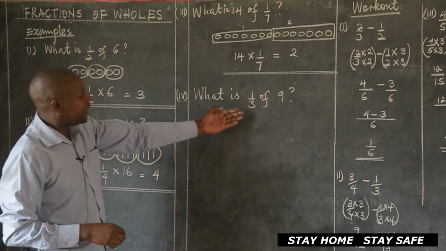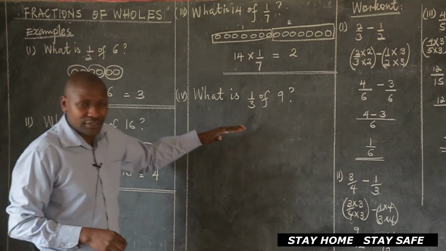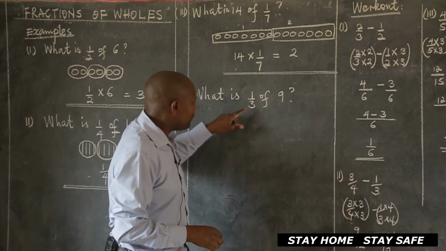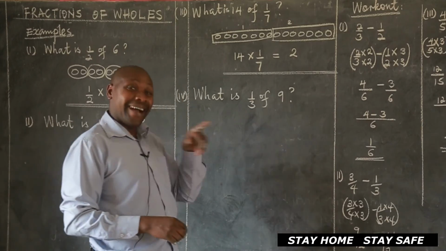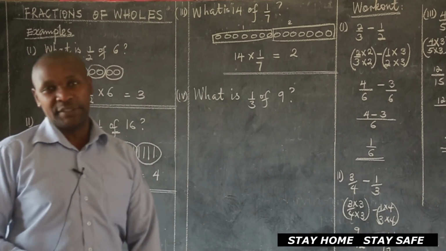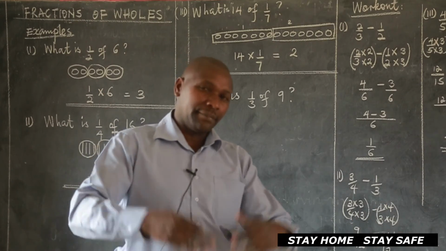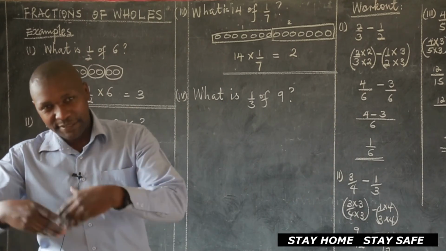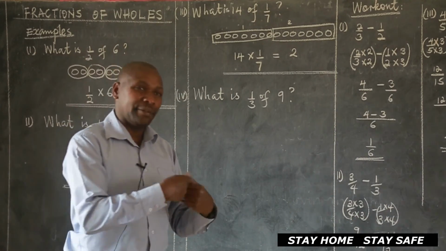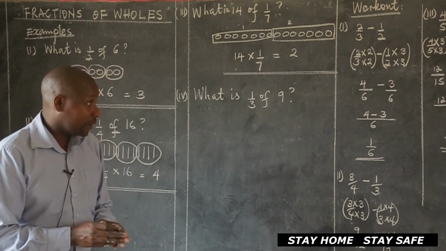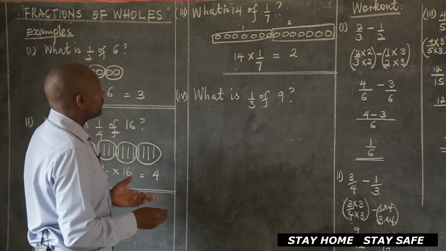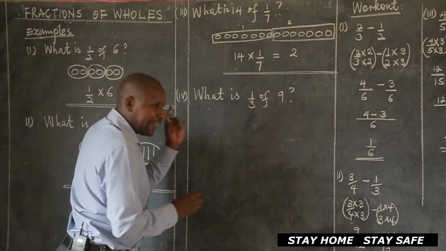What is this one telling us? They want us to form how many groups of 3s can we get from 9 objects? 9 objects can be books, 9 objects can be pens, 9 objects can be stones, 9 objects can be whatever you can mention, okay?